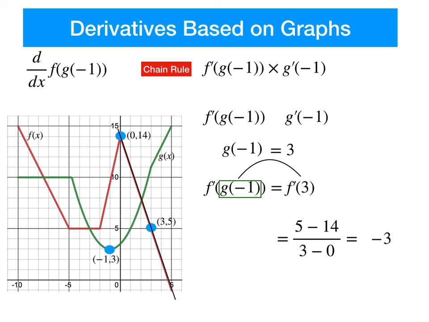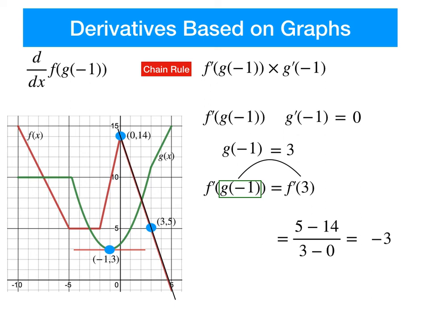Now we need to find g prime of negative 1. At negative 1, the tangent line to this point is a horizontal tangent line. So the derivative of g when x equals negative 1 is 0.